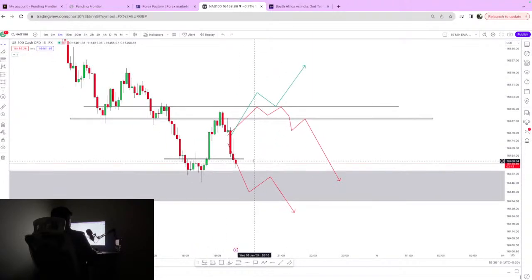Otherwise, I'm not very much interested in buying. Still, I said if we get a double bottom again here or an inverse head and shoulder, then we may look for a buy trade. But currently, not much interested.